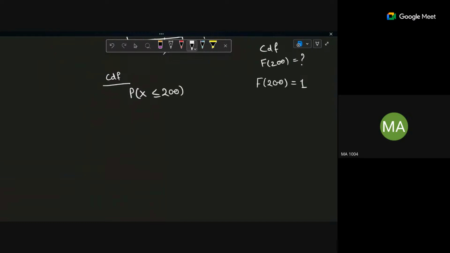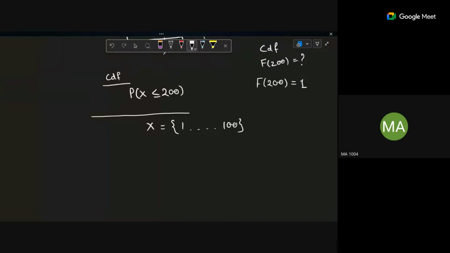Let me give you one example. Again, with a discrete one it will be easy to understand, then we can relate it to the continuous. Let's say there is some person who is a magic man. He's asking people to take any number lying between 1 to 100.